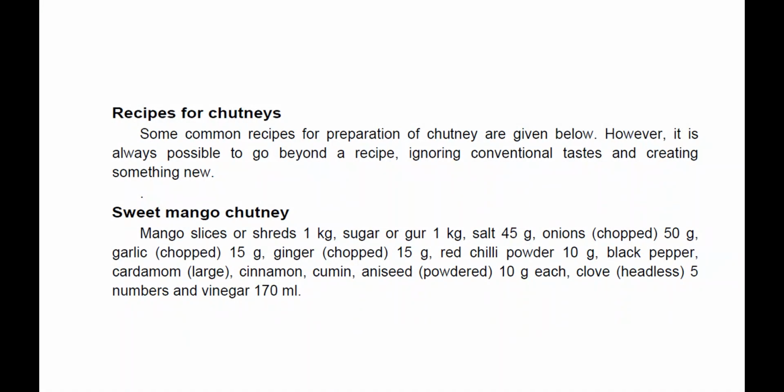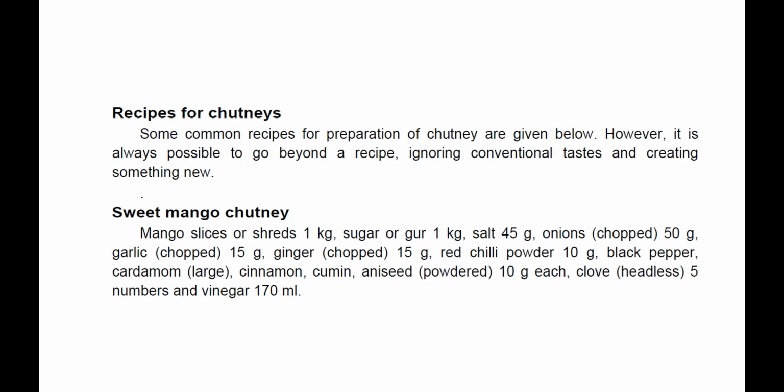So mango slices or shreds are taken, this is for 1 kg of mango slices. Sugar or jaggery is also very commonly used, so 1 kg of jaggery, gur, or sugar can be used. Salt around 45 gram for 1 kg of mangoes. Onion chopped 50 gram, garlic 15 gram, ginger 15 gram, and red chili powder 10 gram.